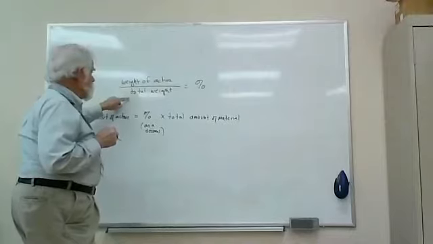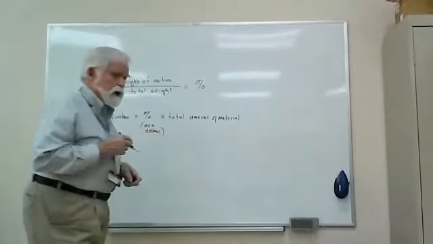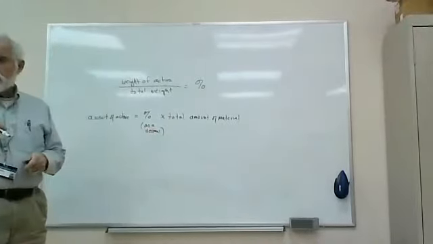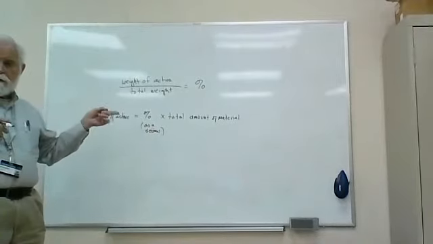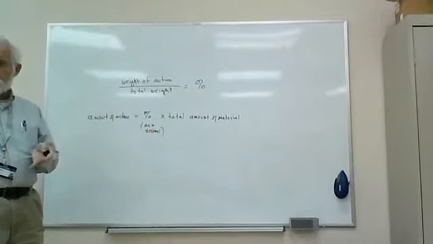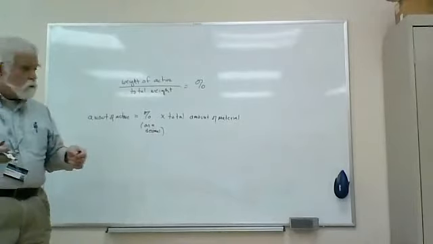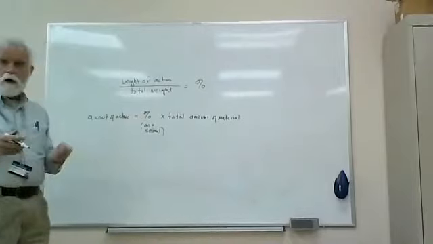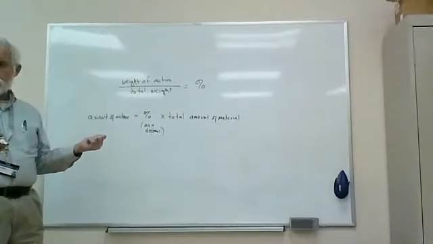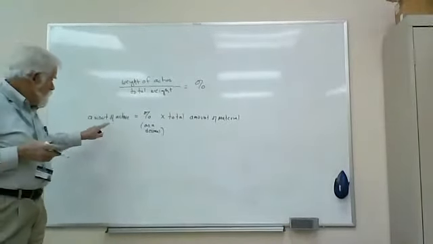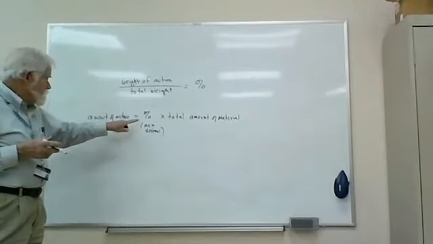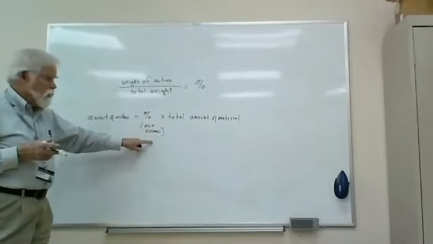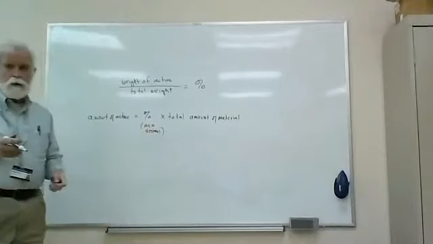Weight of active over total weight is the percent. We can call that X if you want. If you divide the weight of active over the total, it's going to give you a decimal. Convert that to a percent, right? So if we know any two of these, we can calculate the third. As I said, the amount of active is the percent that we're looking for as a decimal times the total amount of material.